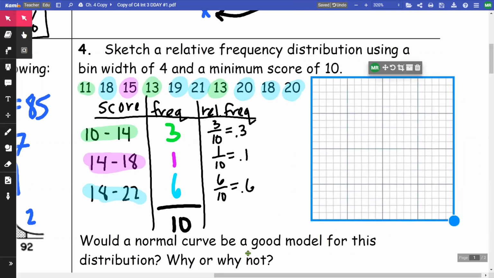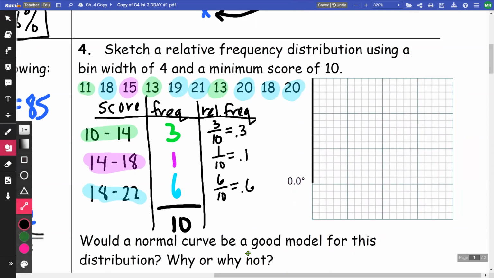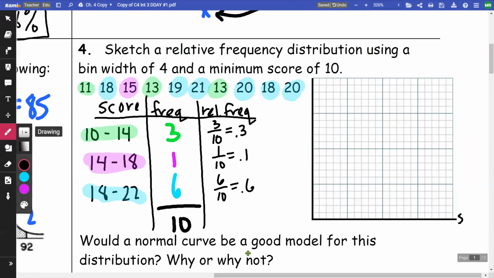So for this, here is my y-axis. This is my x-axis. This is going to be score. This is going to be percent. And I am going to start here with 10, 14, 18, 22.